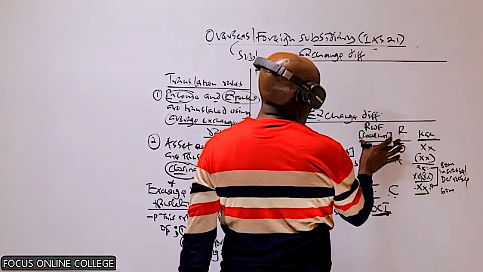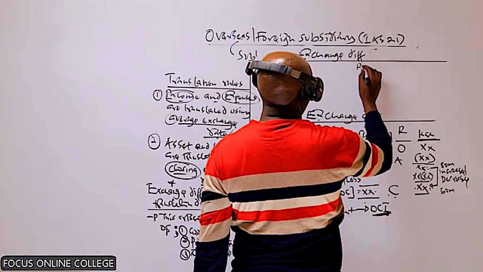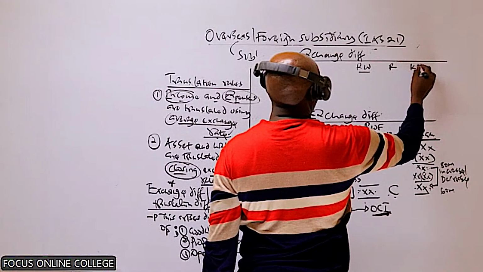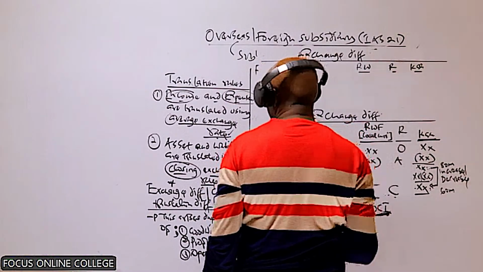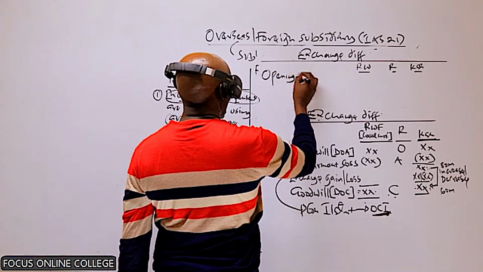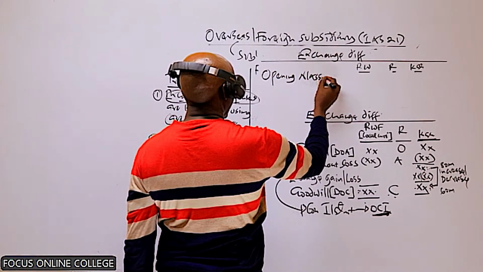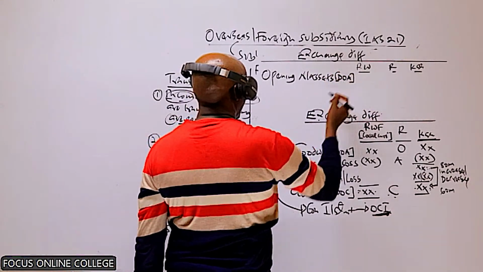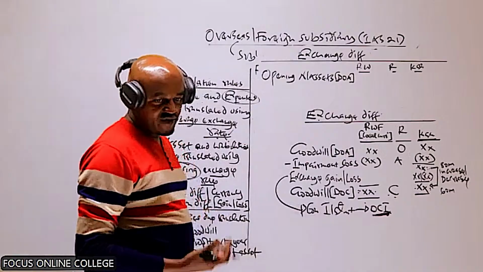So here we need to have the same columns: the local currency of the foreign subsidiary, the exchange rate, and the presentation currency. Always here we start with the opening net asset. These, in other terms, are the net asset of the subsidiary on the date it was acquired.